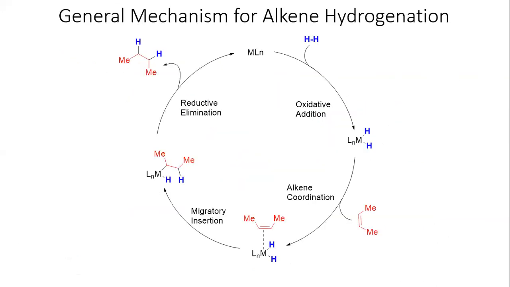Why would a cis alkene react faster than a trans alkene? Based on the mechanism. And do you think it's a steric argument or an electronic argument?